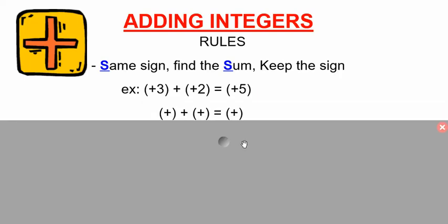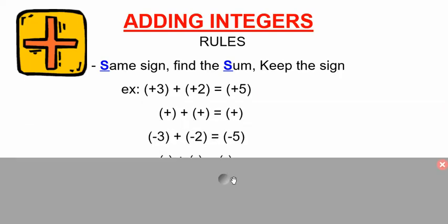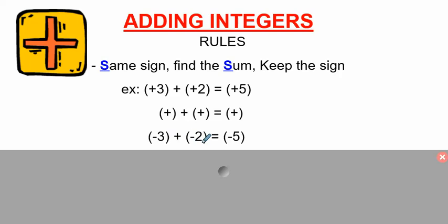But if you have all negative numbers, you still add them together and then you keep the sign of the negative number. So negative 3 plus negative 2 is negative 5. Again, with money, I owe somebody $3. I owe another person $2. So in all, I owe somebody $5.